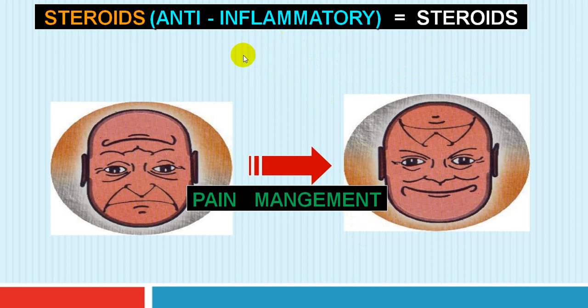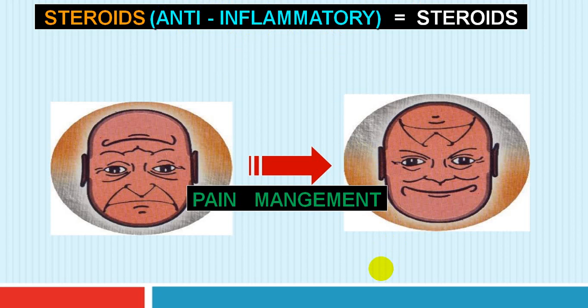But when it is non-infectious inflammation, like osteoarthritis, rheumatoid arthritis, gout, etc., in those conditions, you can use it as an anti-inflammatory in acute episodes, which will reduce your inflammation, and by reducing the inflammation, simultaneously it will also reduce your pain, but it may not be used for the basic etiology.